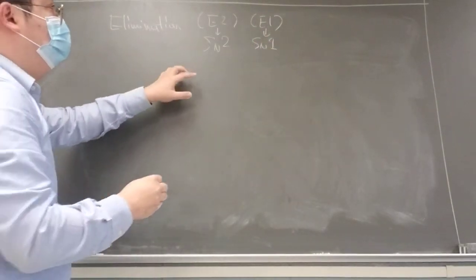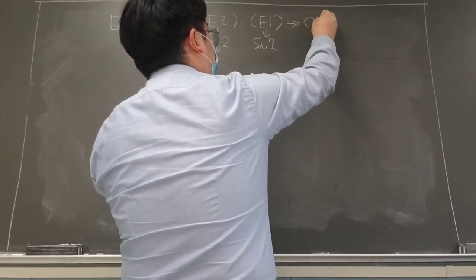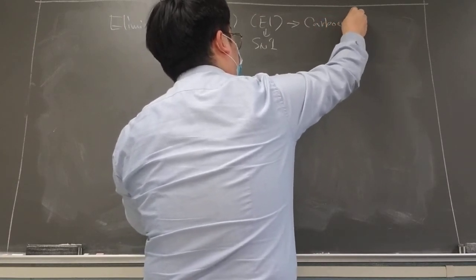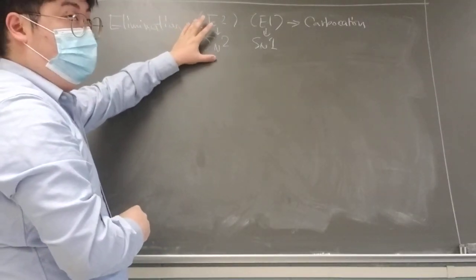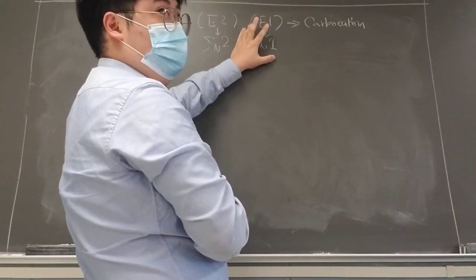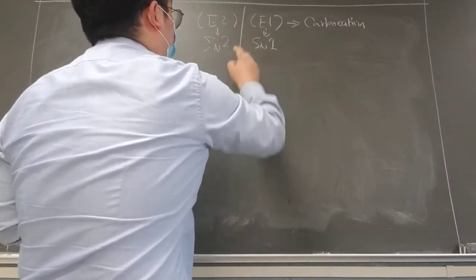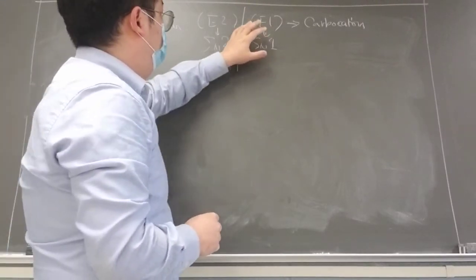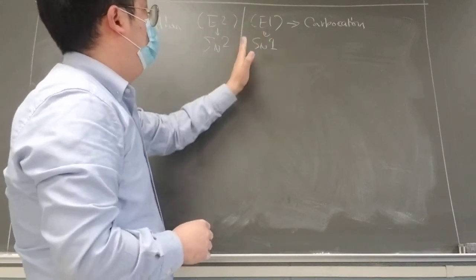This one will also have a carbocation intermediate, and this will not. So this elimination happens at the same time, as it does in SN2. And here, this will be eliminated in two steps as well, like it did in SN1. So they're pretty much similar. We named them this way: E1 and SN1, E2 and SN2. They're both similar to each other.